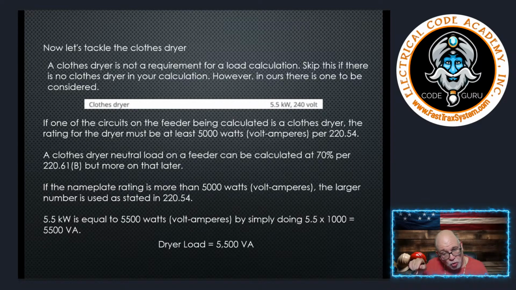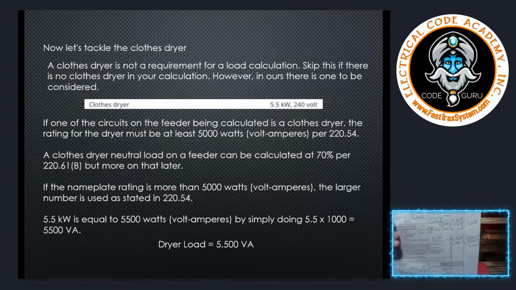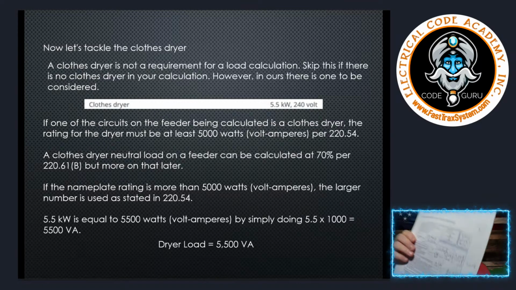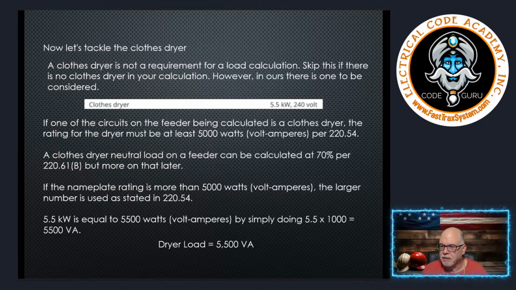That's my neutral portion for this clothes dryer. So I'm going to write that down so that I've got it: 3,850. Easy peasy. So we've got 5,500 for our ungrounded conductor and our load calc, and as you can see, I got 3,850 for the neutral for that.